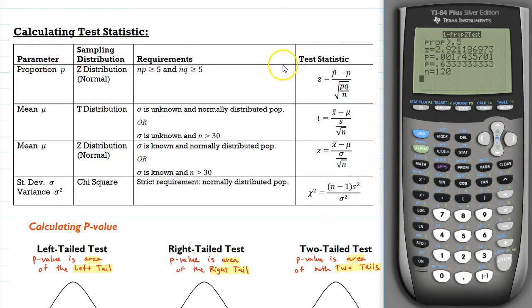If you're dealing with a proportion, this is the formula. If you're dealing with the population mean, depending on whether you're in a t-distribution or z-distribution, these are the formulas. And if you're dealing with a standard deviation or variance, you're in the chi-square distribution, which means you're going to be using this formula for the test statistic.